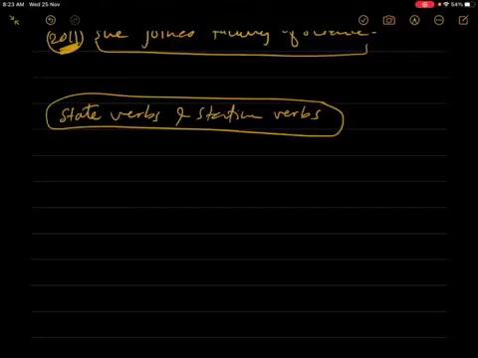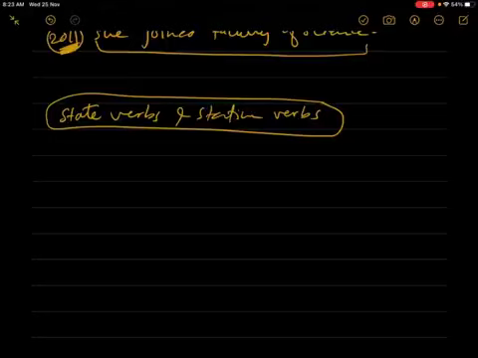Even though we are in the present continuous mood, we don't use the present continuous format with the state verbs and the stative verbs. Instead, we use the present simple format. Okay?